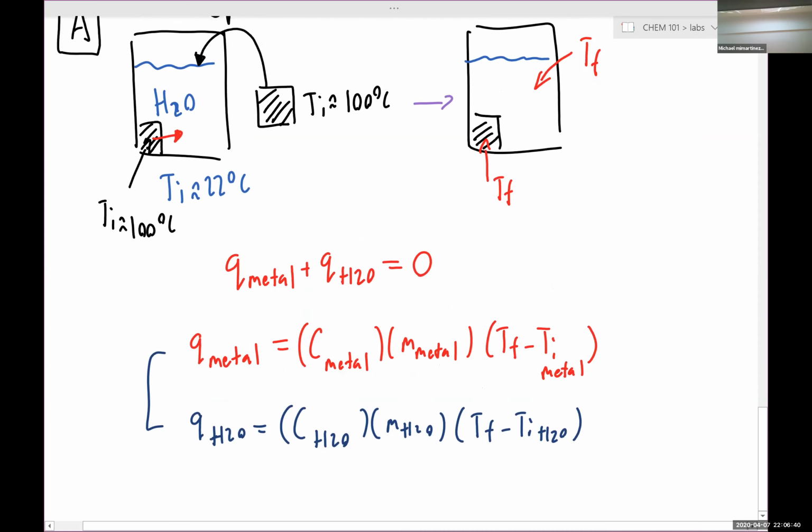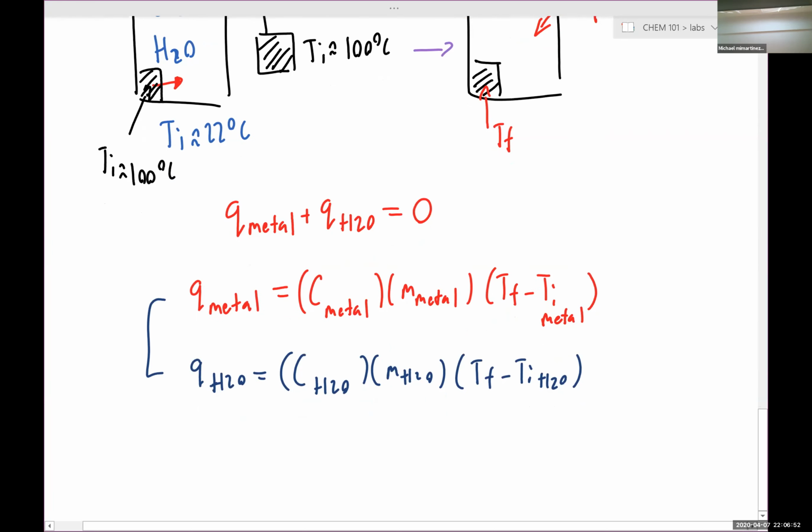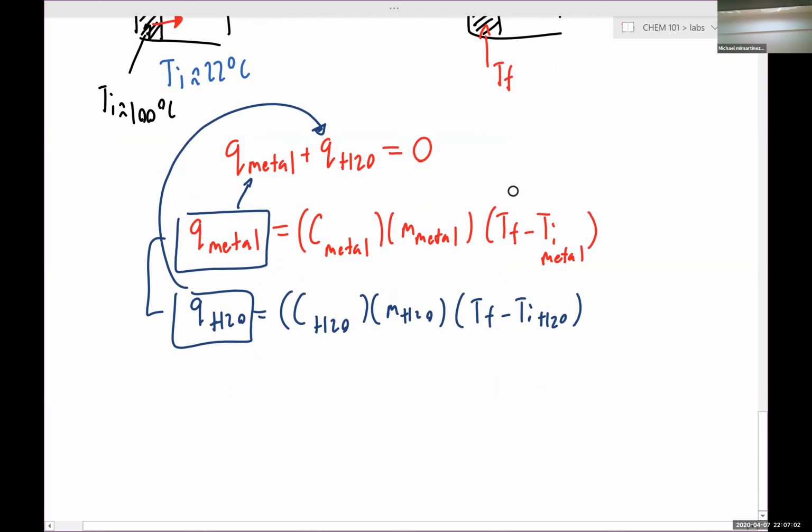Is everyone okay so far? Does everyone understand what we're doing from the pictures? Does everyone understand how these equations work? What we're now going to do is plug in. We have Q metal, so we plug it in for Q metal, and Q water, we plug it in for Q water, and we get the following expression.